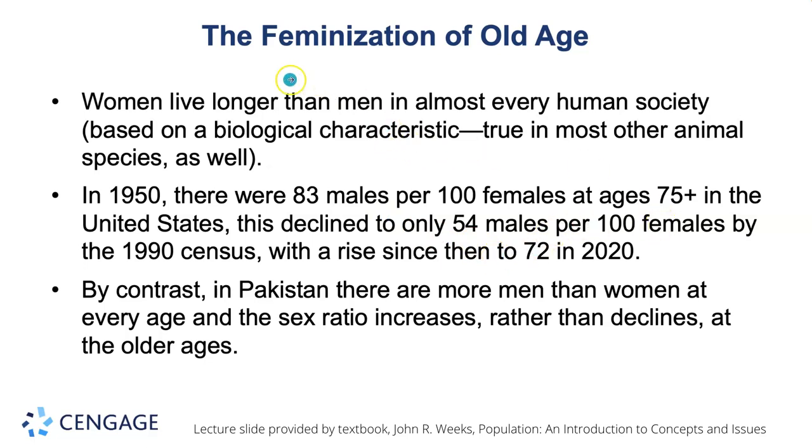That's why we say the feminization of old age, because of survivability. Older males are more likely to die earlier than older women. So that's why there is a larger proportion of elderly women compared with men.